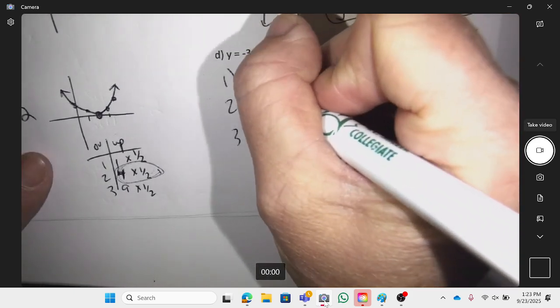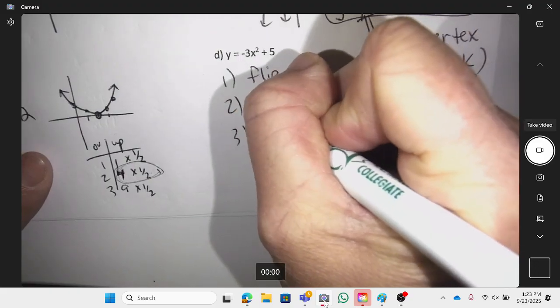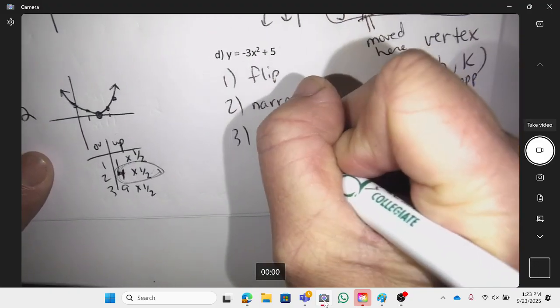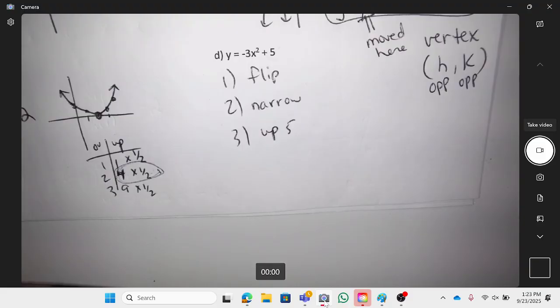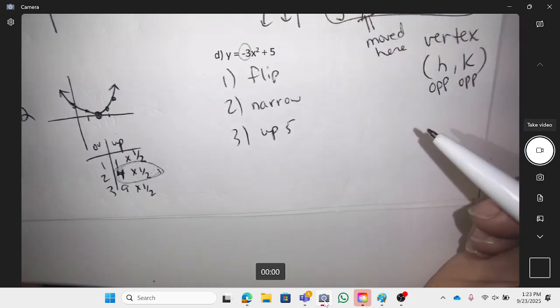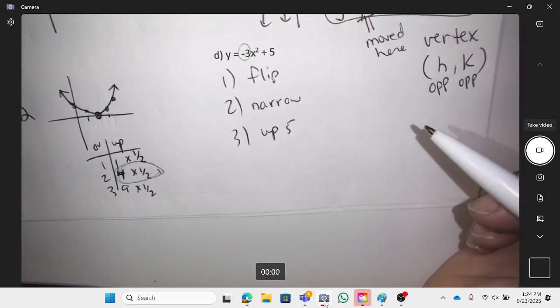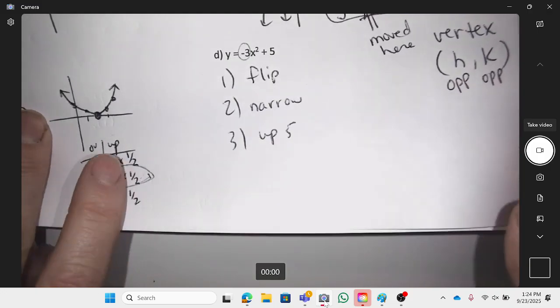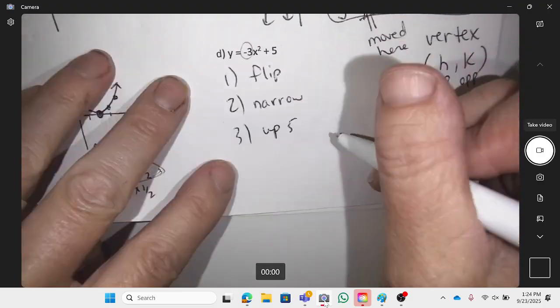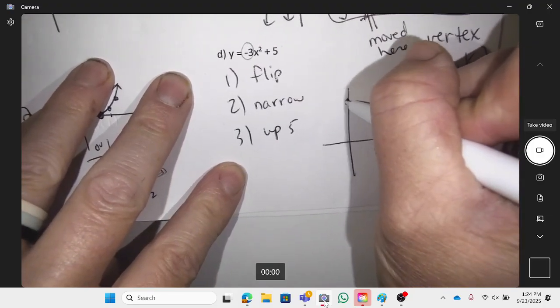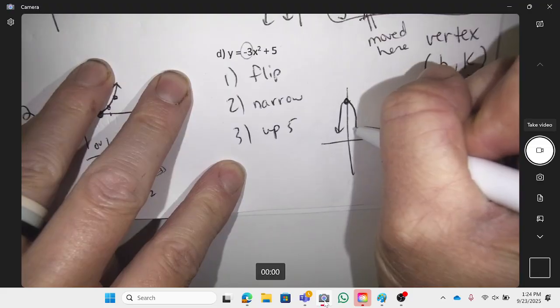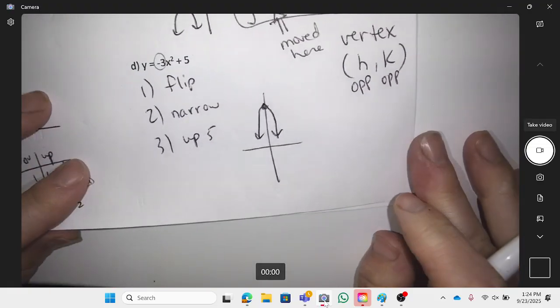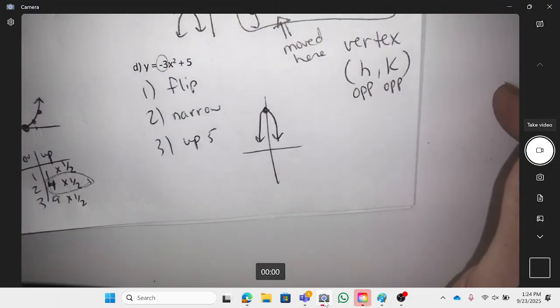Did you write flip, narrow, and up 5? Got it? So, do you see how this number is -3? It's a single multiplier, but you got to talk about 2 things. Okay? That's a general idea of what it would do.